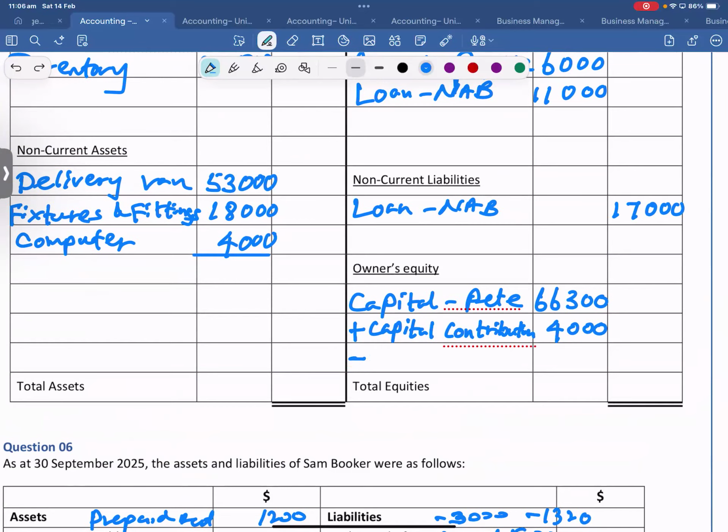If you want, you can put brackets. Minus drawings. If you want, you can write less as well, in words. Which is 1,500. Okay. Now, shall we start the working out from here? 66,300 plus 4,000 is 70,300, take away 1,500 is 68,800.